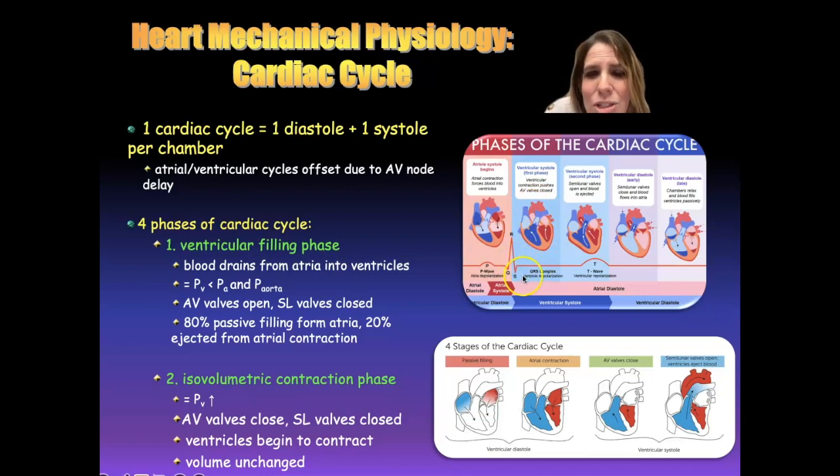And so on the EKG, this correlates to that QRS complex, right? That's where the ventricles are depolarizing. But this is only the first part. We're only starting to contract those ventricles, but we have not yet ejected the blood.